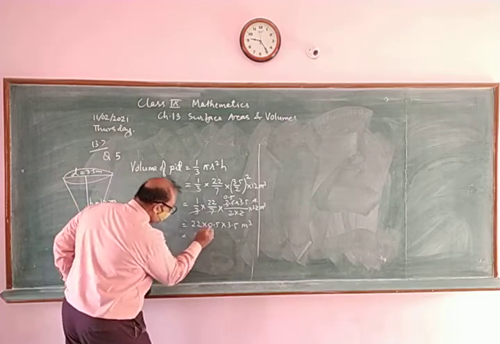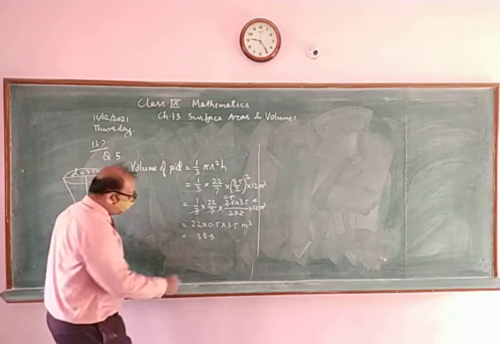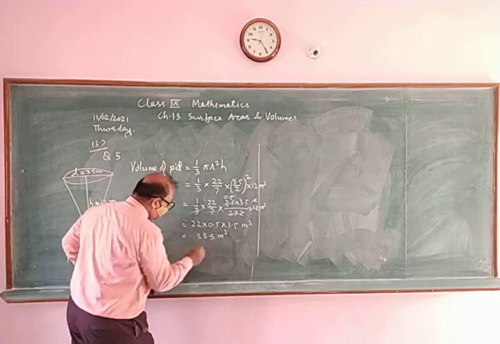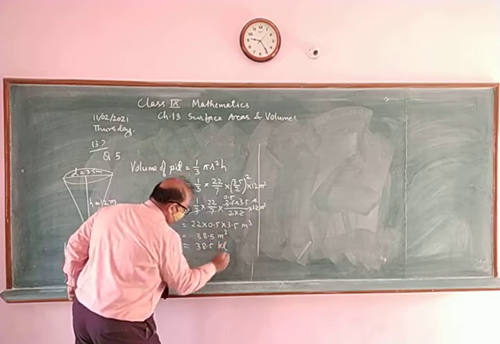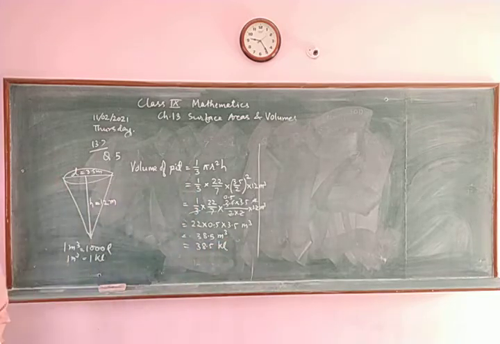And there is one decimal place. So 38.5 cubic meter, which is equal to 38.5 kiloliter. Only in place of cubic meter you write kiloliter. Clear? So this is the answer.